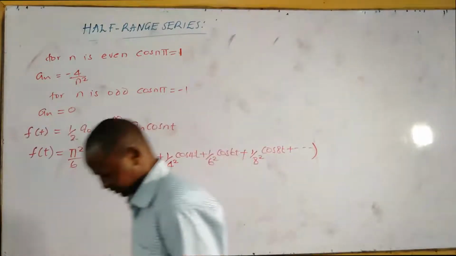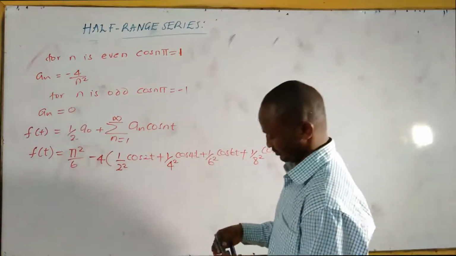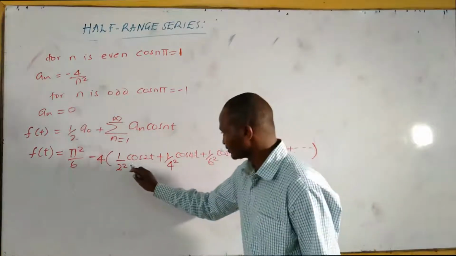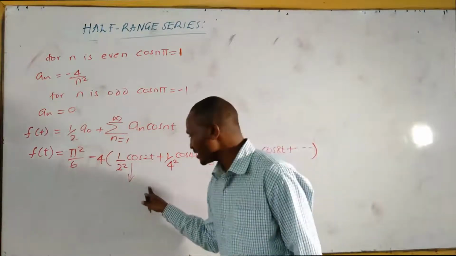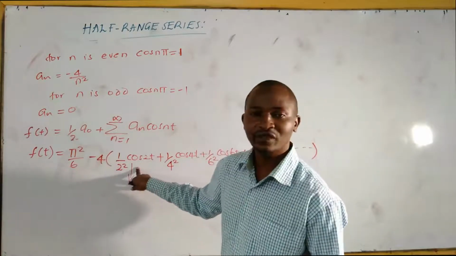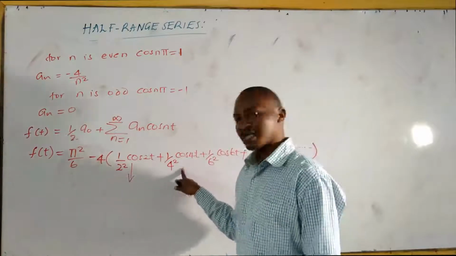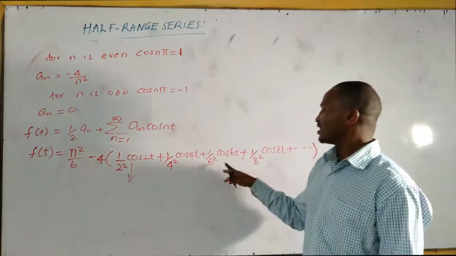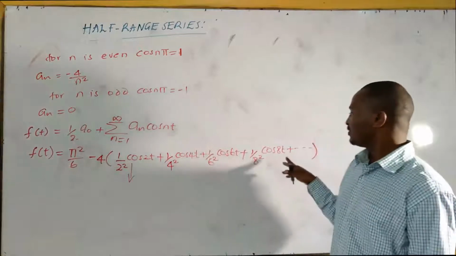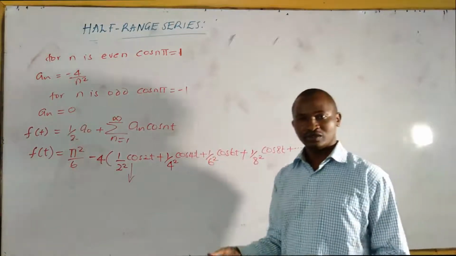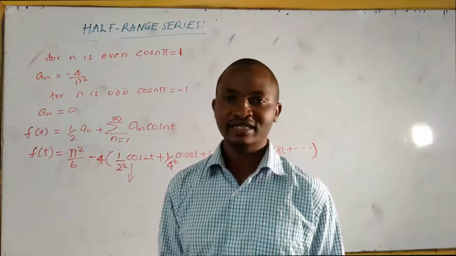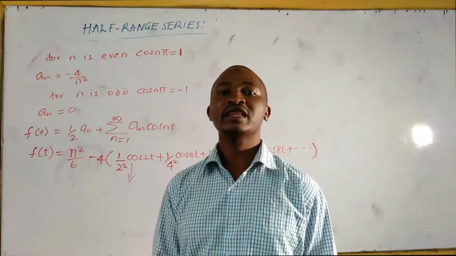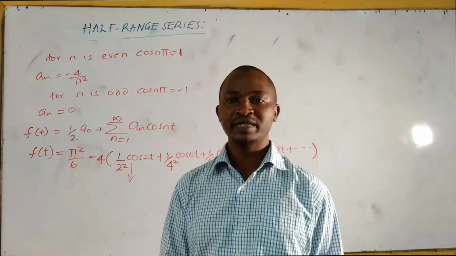What about this? In my previous video, I said this is the fundamental harmonic, second harmonic, third harmonic, fourth harmonic, and so on. The more harmonics you have in your series, the more they approach the actual function you are trying to represent.